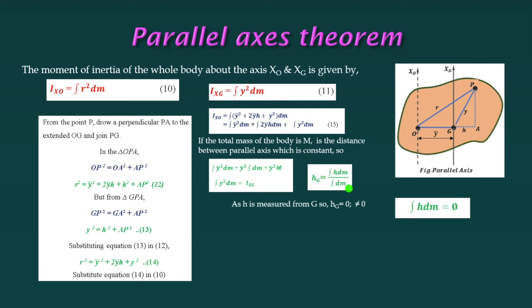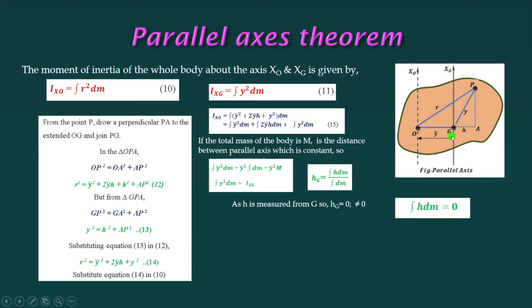Now, hg means the position of the centroid. If the axis itself is passing through the centroid, then the distance is 0, so hg is 0. I repeat, hg is the coordinate of the centroid from the axis.